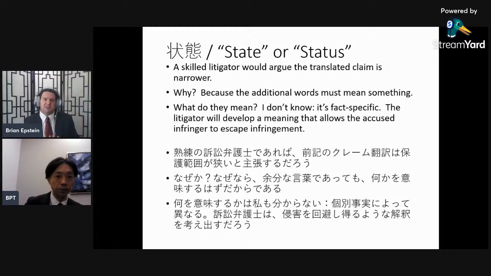And the reason is that this hypothetical litigator will develop a meaning for these additional words that allows the accused infringer to escape infringement. Okay, so it's fact specific on their product as well, because the whole reason that they're making this argument is that they want to escape liability for potentially infringing the claims of this issued patent.